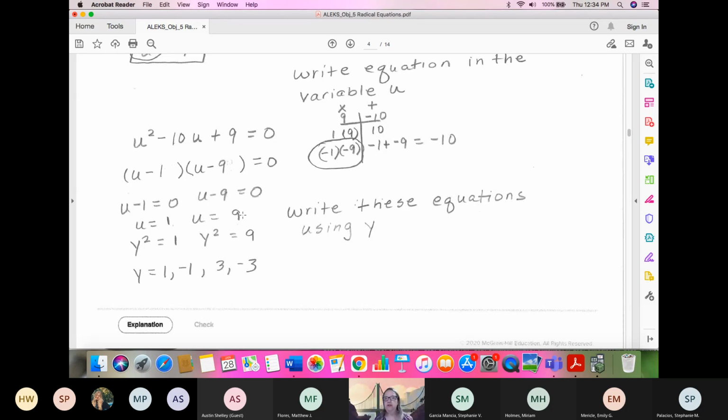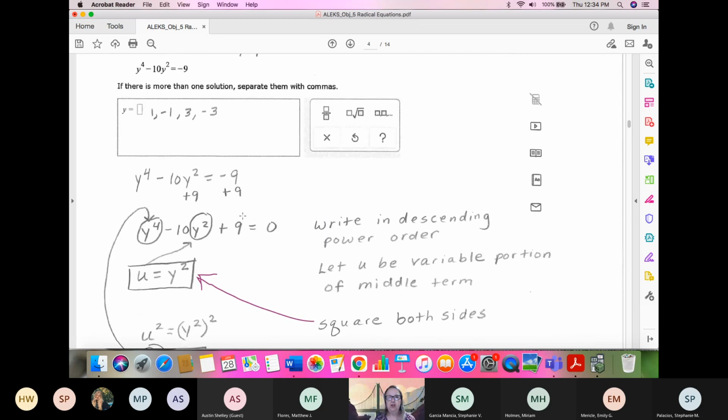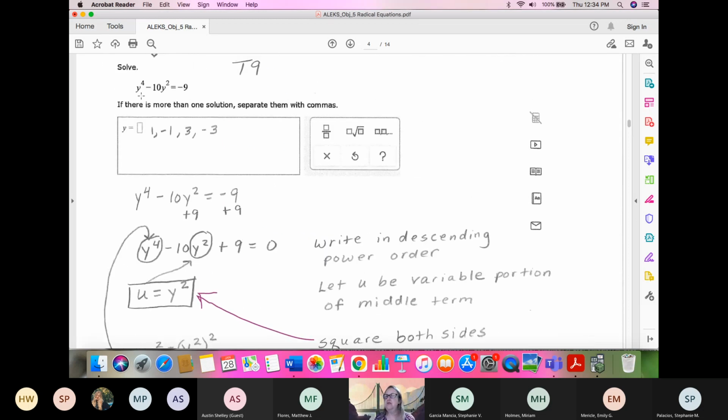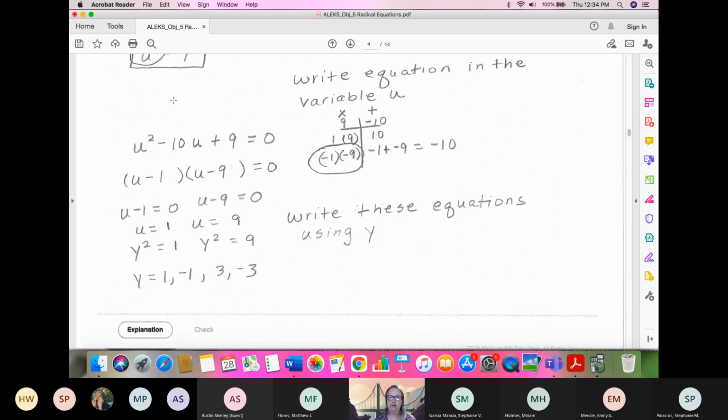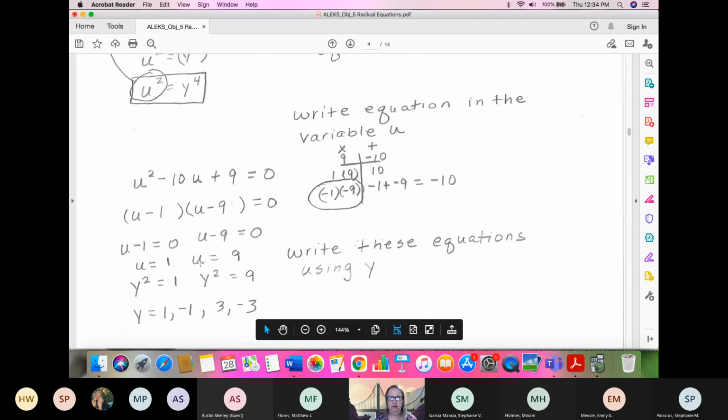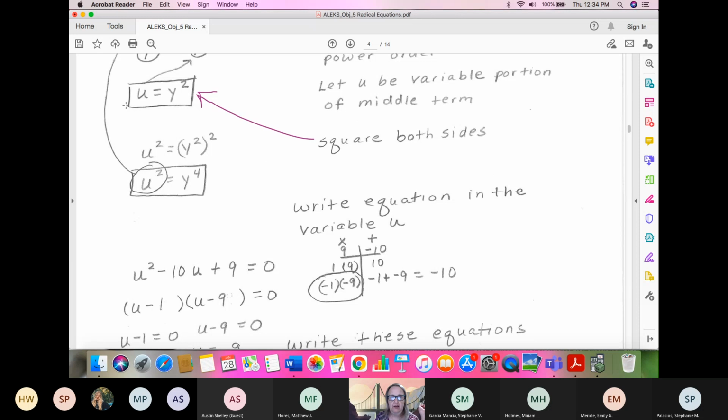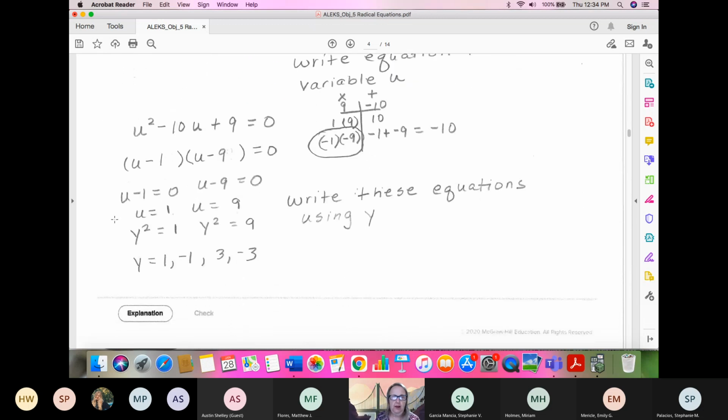Our original equation wasn't in terms of u. It was given to us in terms of y. So now we need to convert back to y. And how are we going to do that? So we've got u here and here. So we would like to just have something that has u on one side by itself, one of our rules here that we put in the boxes, in the rectangles. So we've got u equals y squared. So we can take each u and replace it by y squared.